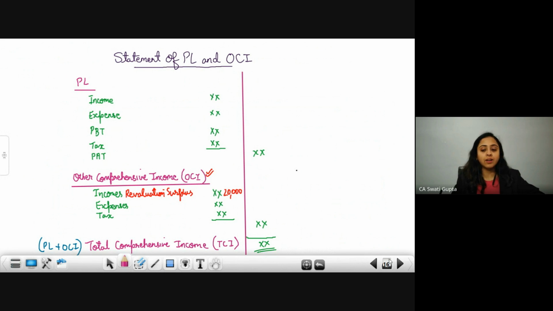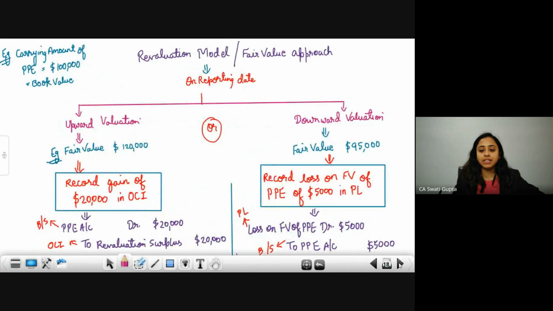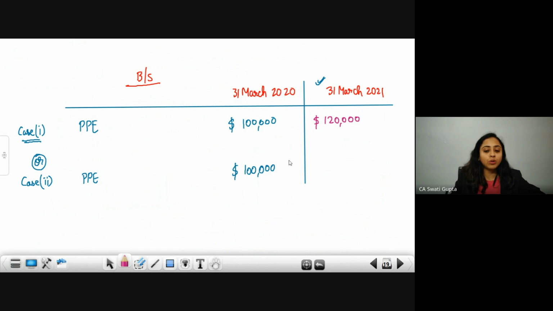Is it clear now? Are you able to connect? Good. Similarly, in case 2, if your fair value has been 95,000, this means your carrying amount, your book value, will now be 95,000 due to fair valuation.